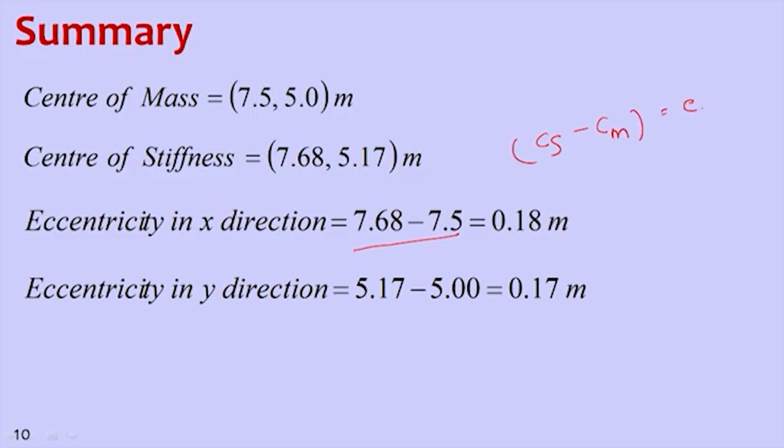So in x direction or y direction, any of the directions we can find out. So 7.68 and 7.5, you end up at 0.18, and 5.17 and 5 you will get as eccentricity in y direction as 0.17.